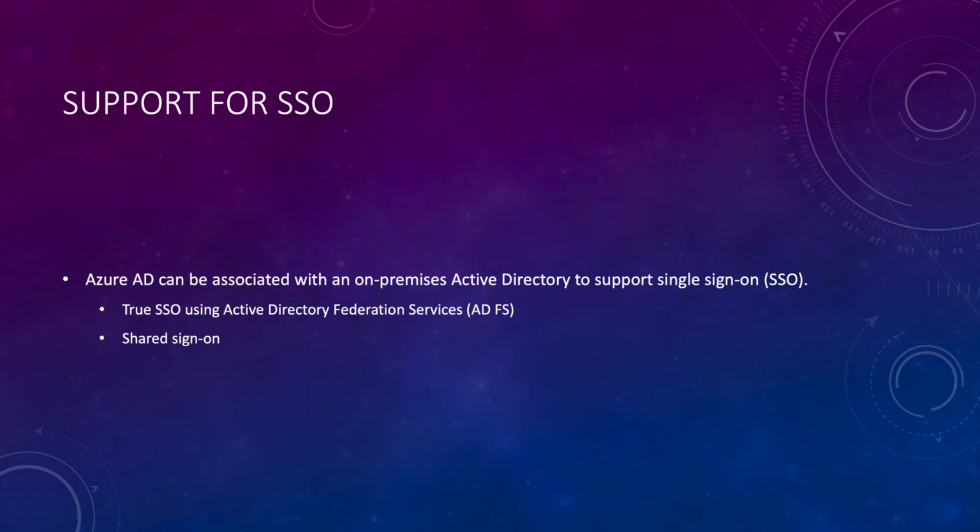Azure AD can be associated with an on-premises Active Directory to support single sign-on. This can be either through doing true SSO using Active Directory Federation Services or ADFS to federate the on-premises identity to Azure AD, or shared sign-on, in which Azure AD basically uses AD Connect to sync a password hash between Active Directory and Azure AD.